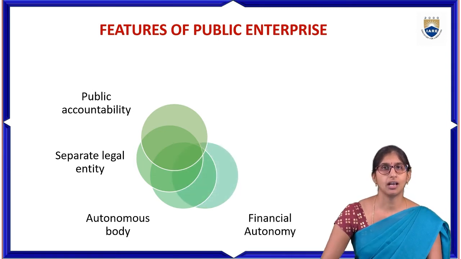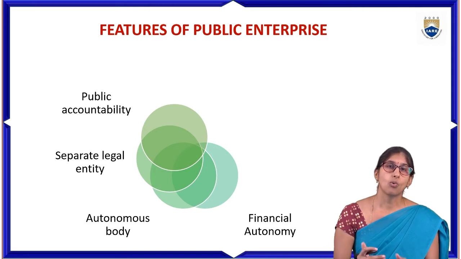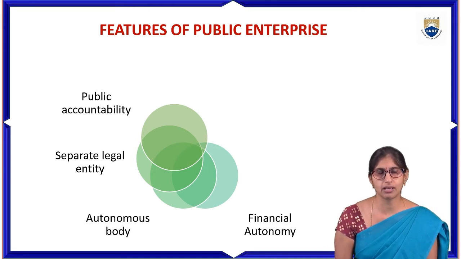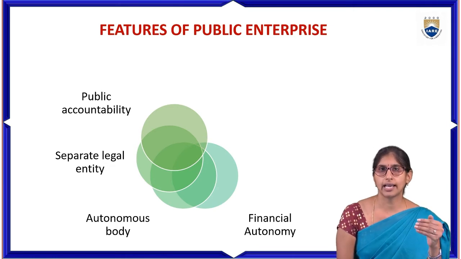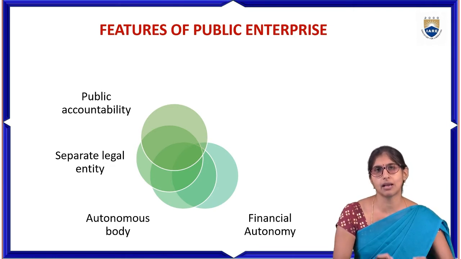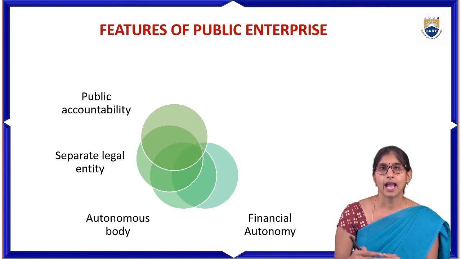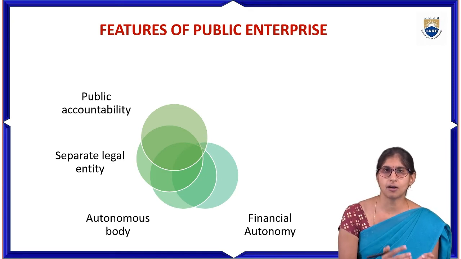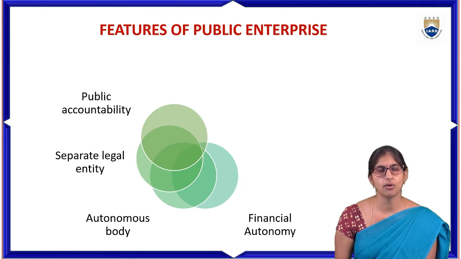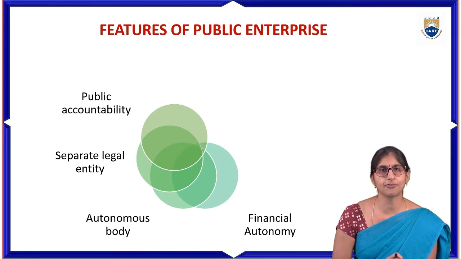It has financial autonomy, because the very first step, financial incorporation, will be done by the government, and they fix the price and calculate what profit they are going to earn in this public enterprise, and that profit is used for the day-to-day conduct of the business. So likewise, this public enterprise is not going to depend on any other parties.